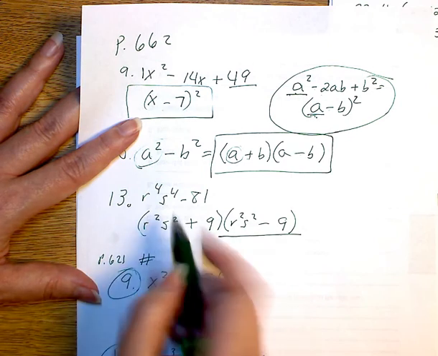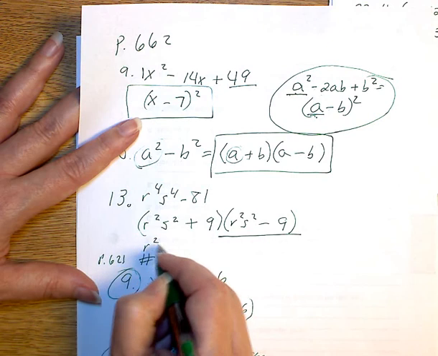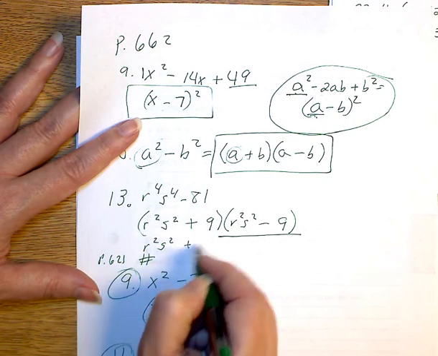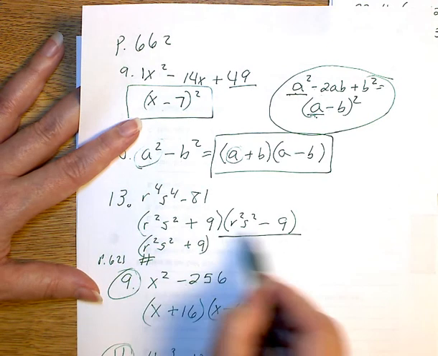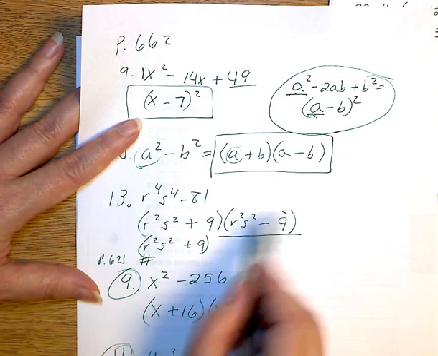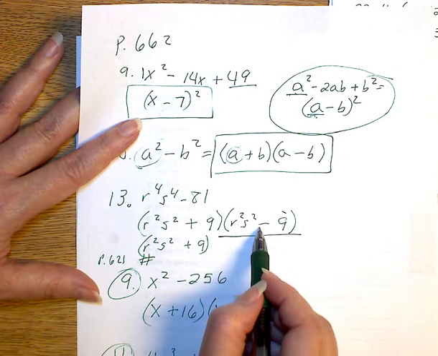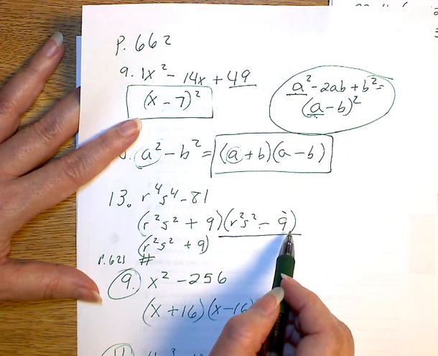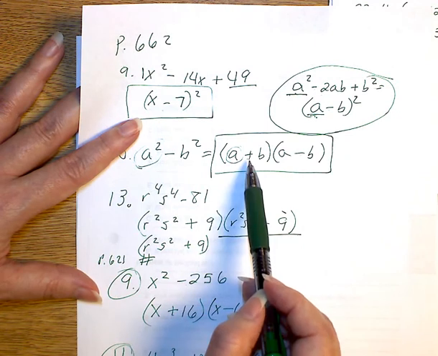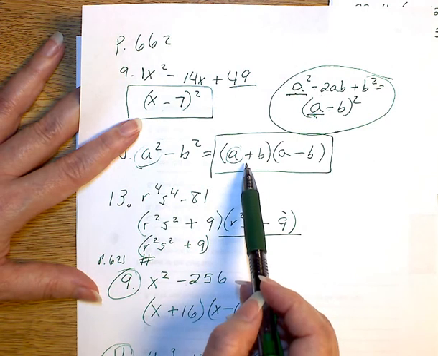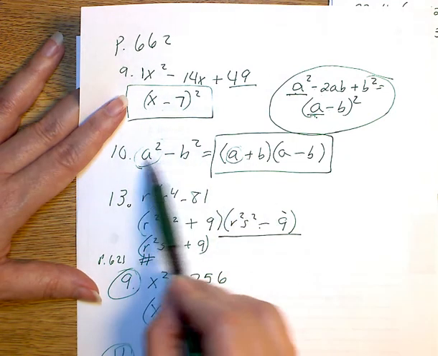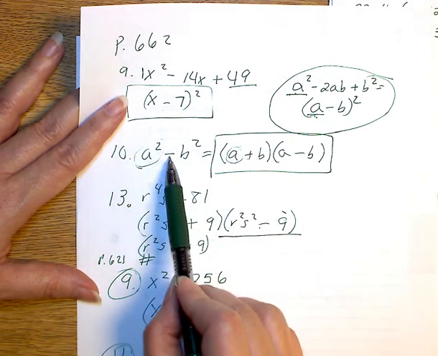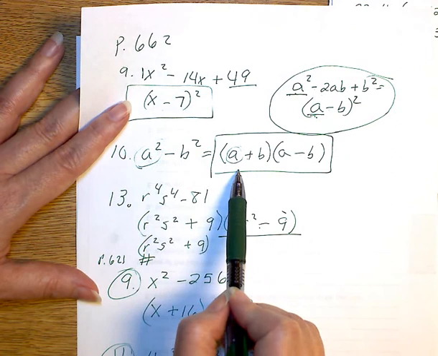So we have, bringing down my r squared, s squared, minus 9. When I see this pattern, when I have two terms separated by a negative, and they both are perfect squares, what do we have to end up with? Nikki, what do we got to end up with? If I have two perfect squares separated by a negative, what do we have to end up with?